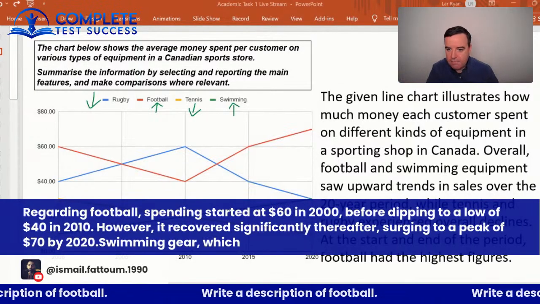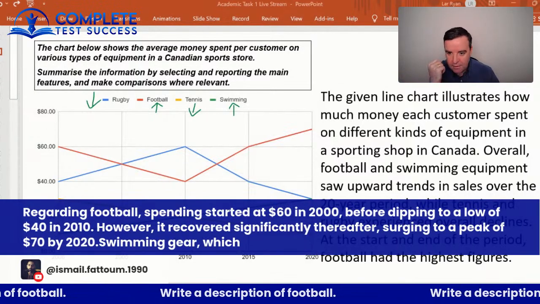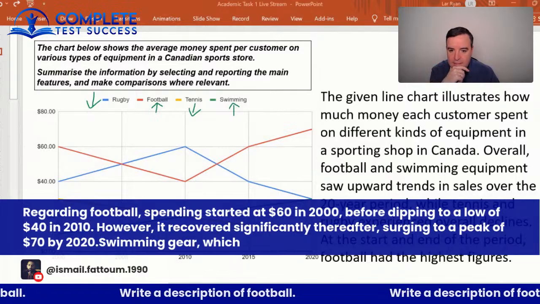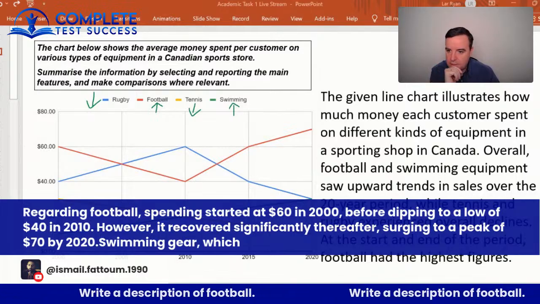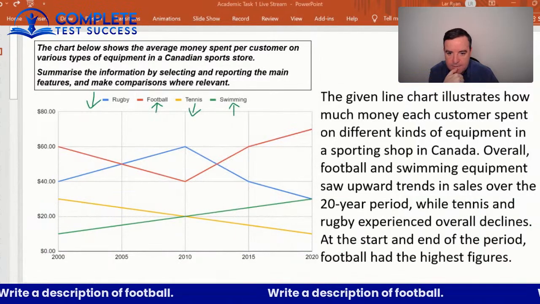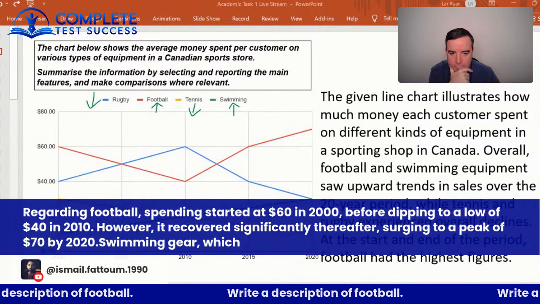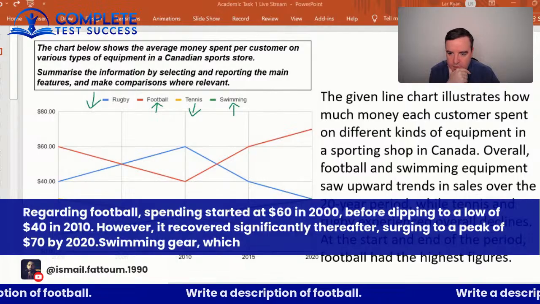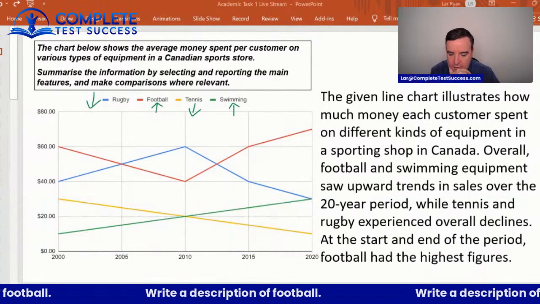Okay, so here we have a description for football. Regarding football, spending started at $60 in 2000. Good. Before dipping to a low of $40 in 2010. Good.